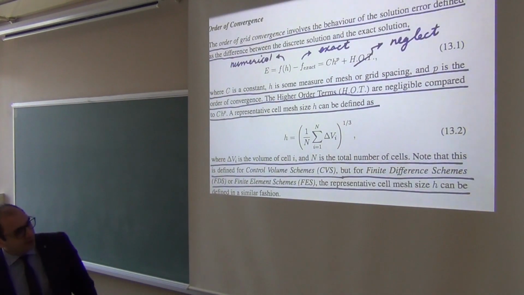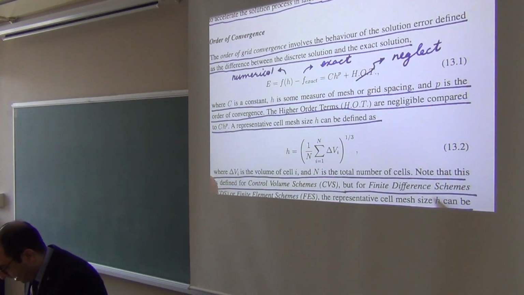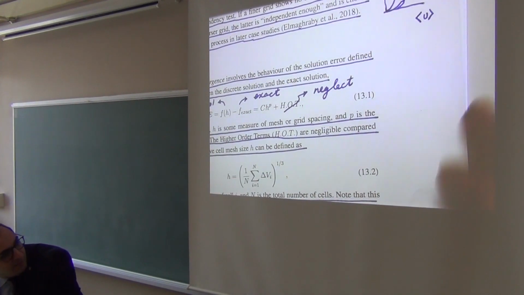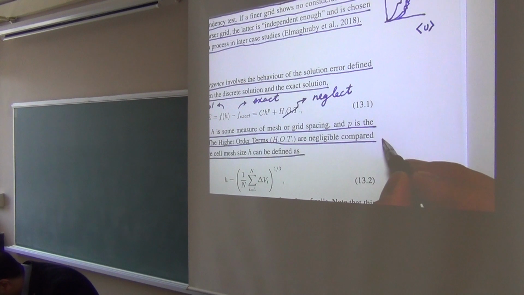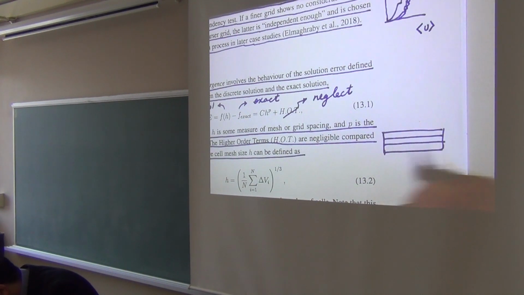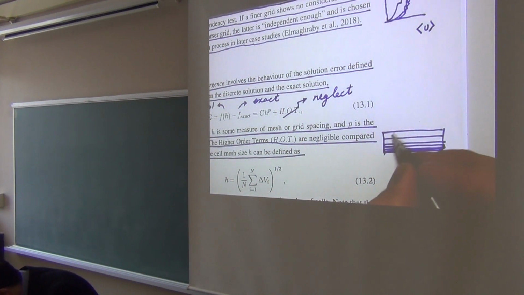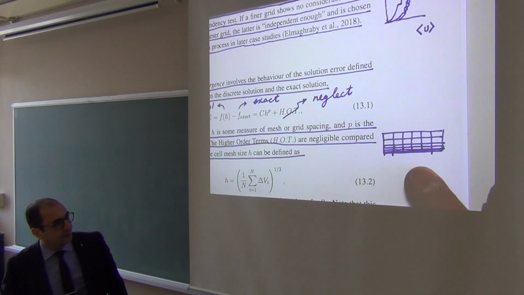Okay? Maybe you need a picture too. Of course, I can provide a picture to you. The very boundary layer we're talking about, right? The boundary layer we talked about in the past could have different resolution. The question is, what is the representative mesh size?